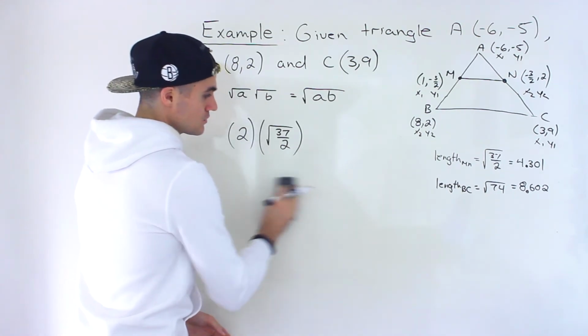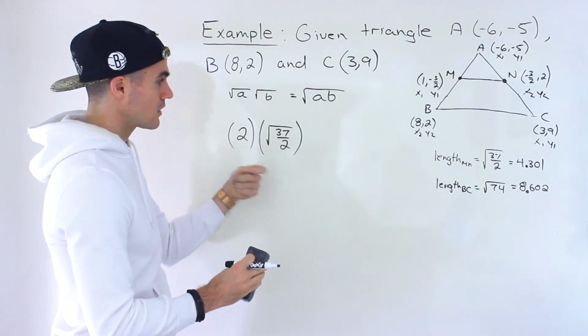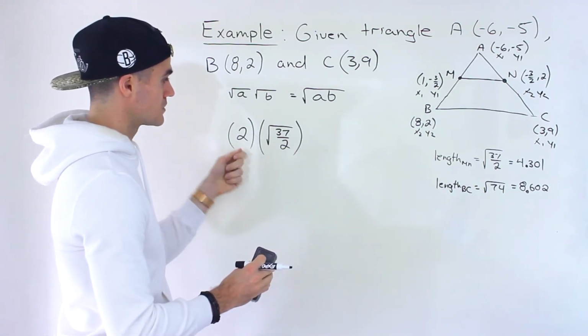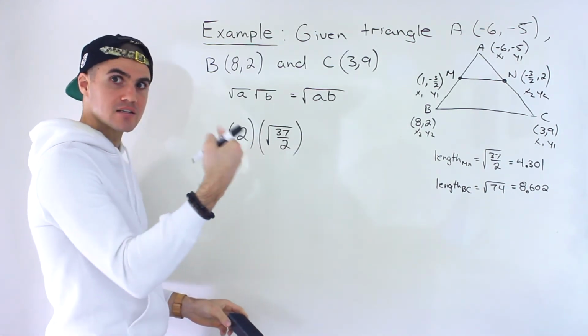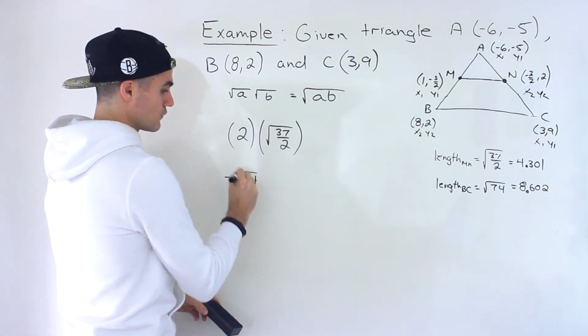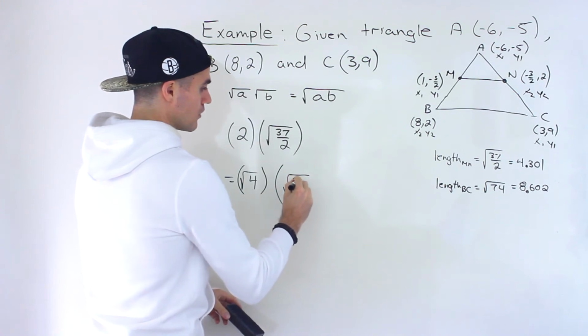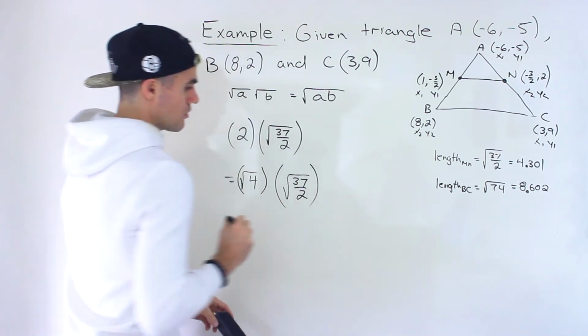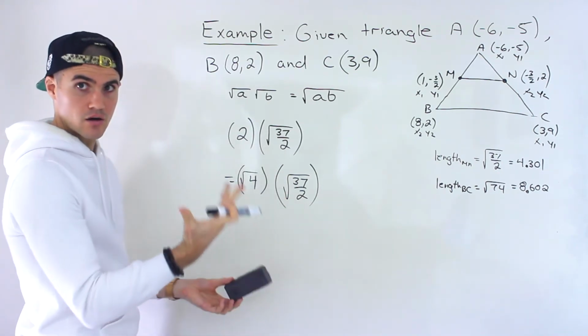So instead of having a 2 here, we have to have the square root of something. Notice that 2, if we square it, is 4, so this is the same as the square root of 4. And then we have the square root of 37 over 2. This and this are the exact same thing.